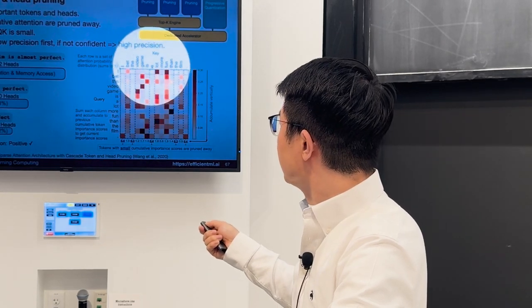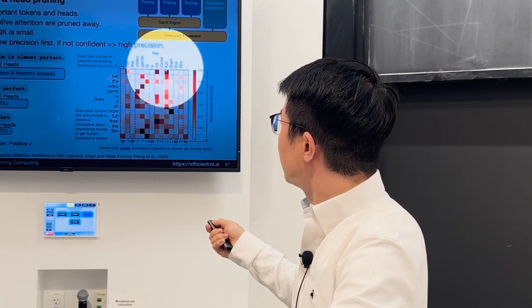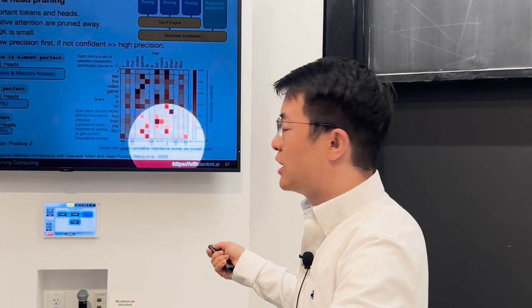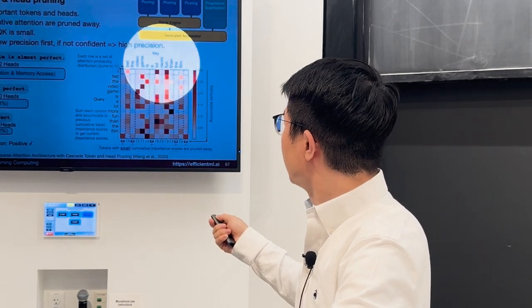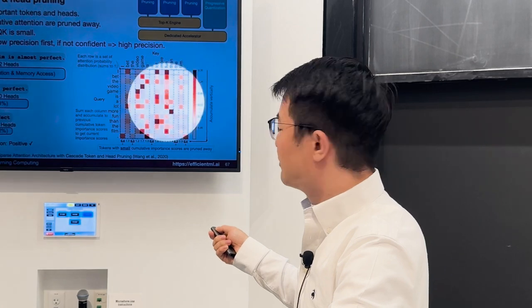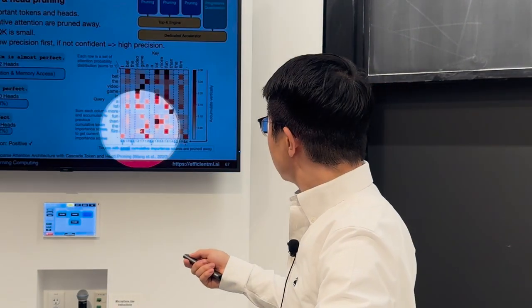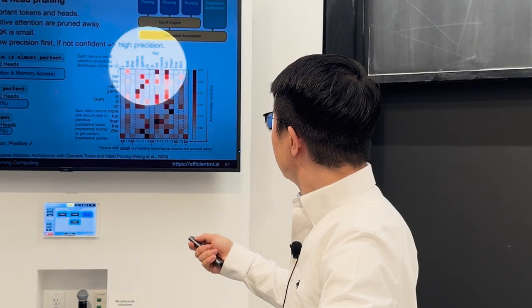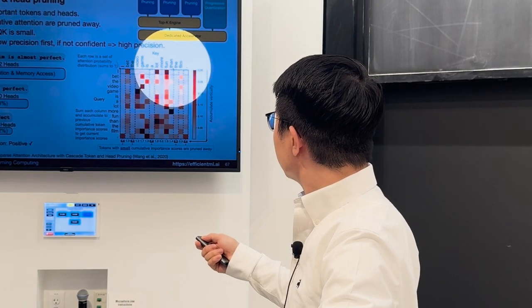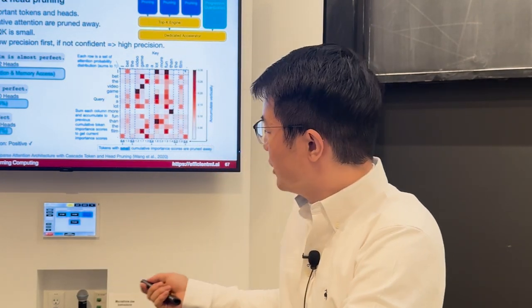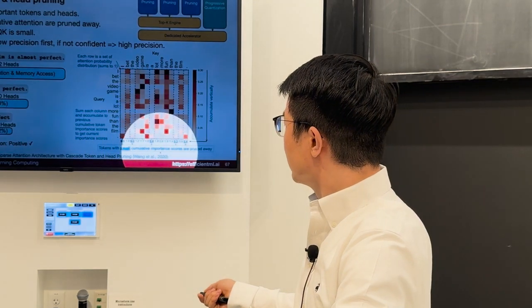Versus "fun," the cumulative attention score is 1.9, which is pretty high. Some of the tokens attend very heavily to this token, so it cannot be removed. Tokens like "I," "the," and the period receive very little attention, so we can safely remove those tokens. In summary, tokens with small cumulative importance scores will be pruned.